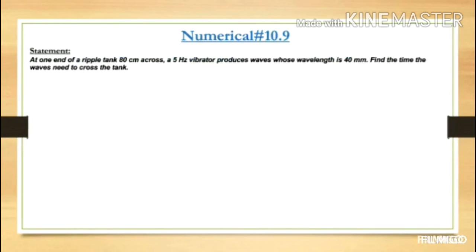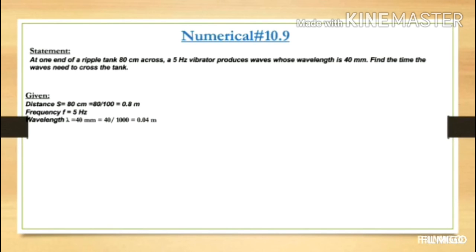In numerical number 10.9, we have statement: at one end of ripple tank 80 cm across, a 5 Hz vibrator produces a wave whose wavelength is 40 mm. We have to find the time waves need to cross the tank. In this numerical, given is number 1 distance, which is 80 cm. By converting 80 centimeter to meter, we will divide it by 100 and we will get 0.8 meter.